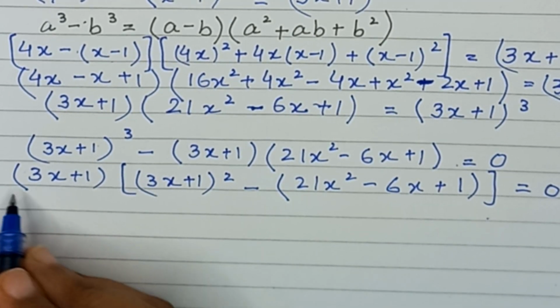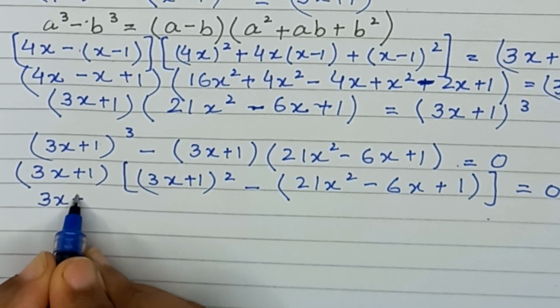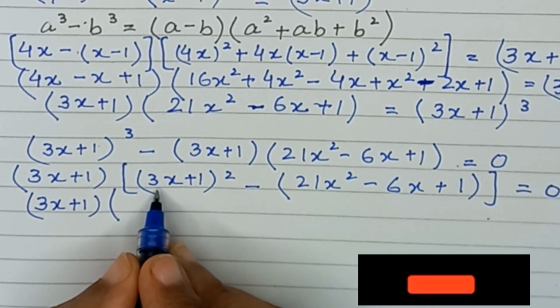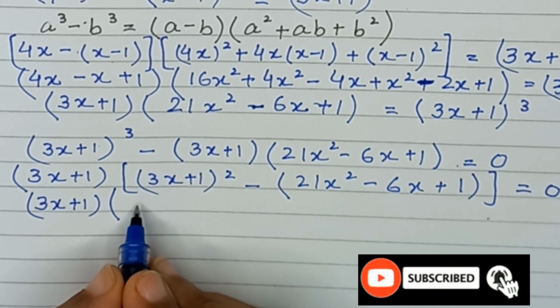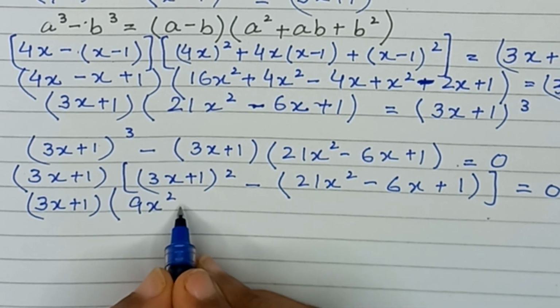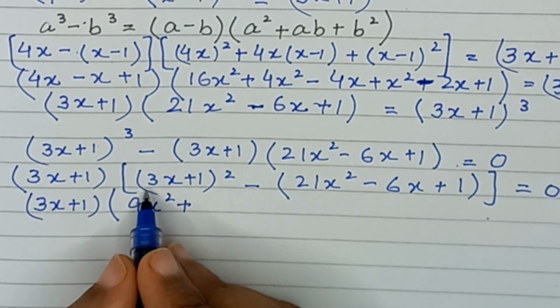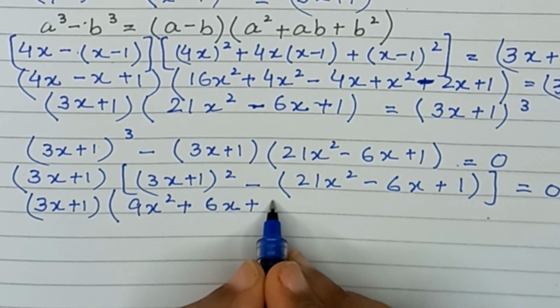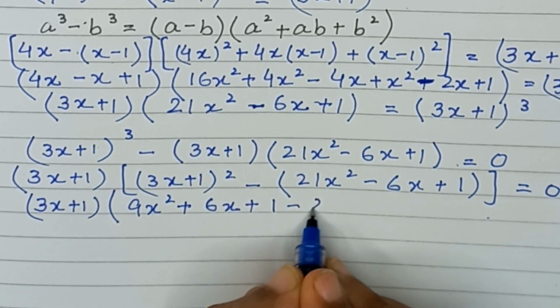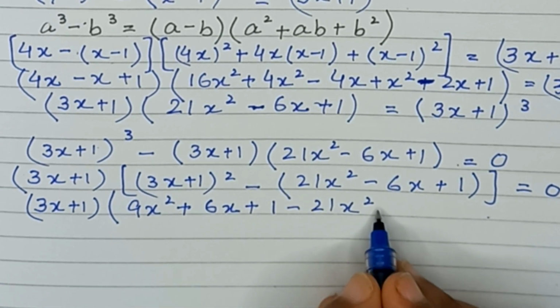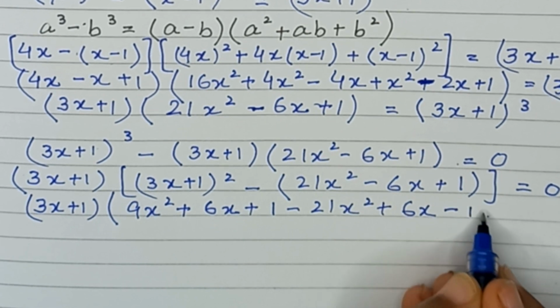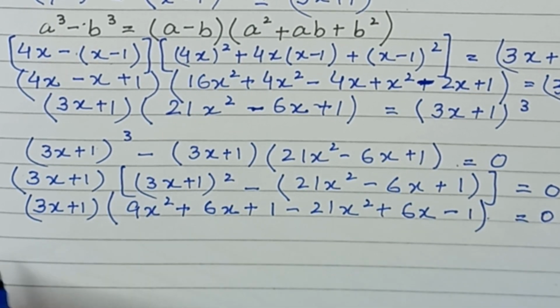So 3x+1 will remain the same, and here we will apply the (a + b)² formula. So a² means (3x)², which will be equal to 9x², plus 2ab, 2 into 3, 6, 6 into 1, 6x, plus b² means 1² is 1, minus 21x², plus 6x, minus 1, which is equal to 0.